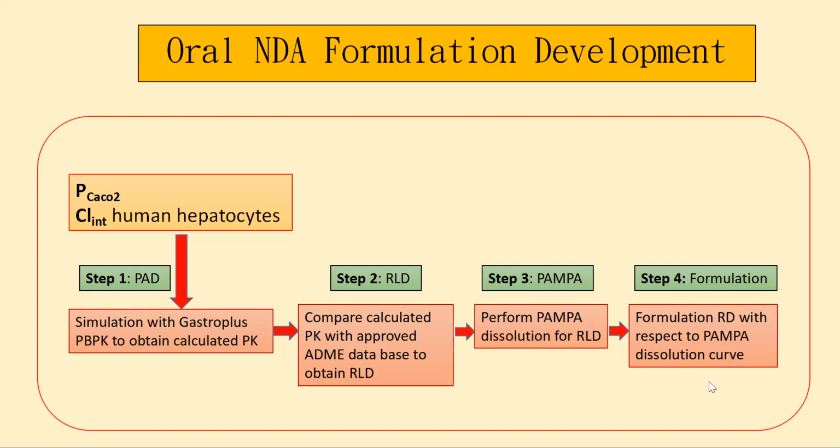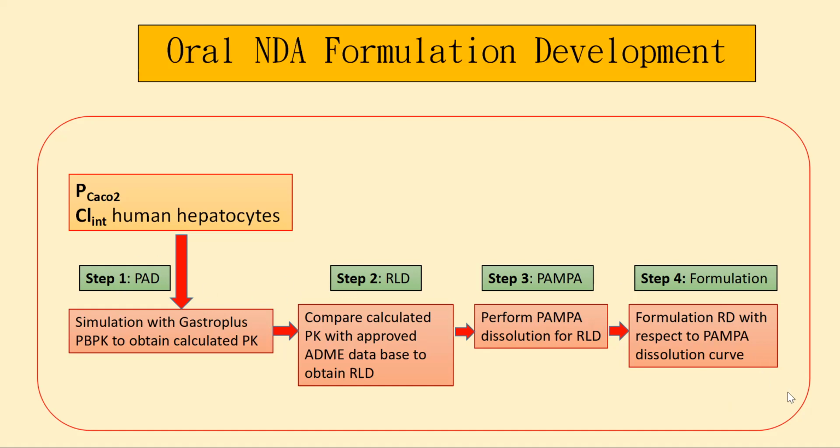In this way, that will save lots of your time and effort, and decrease a lot of your risk in terms of human clinical study. It's a fairly scientific way of going through steps 1, 2, 3, and 4.